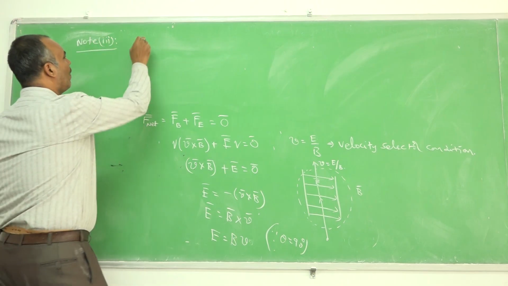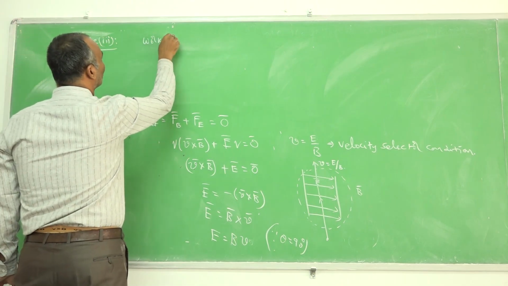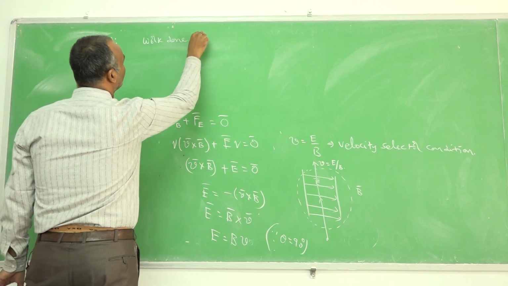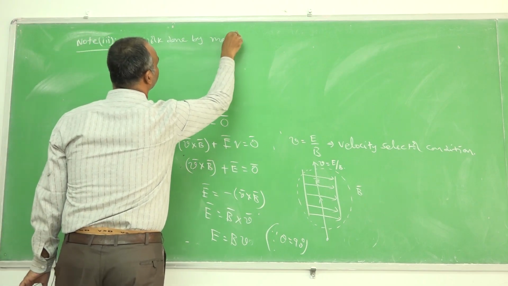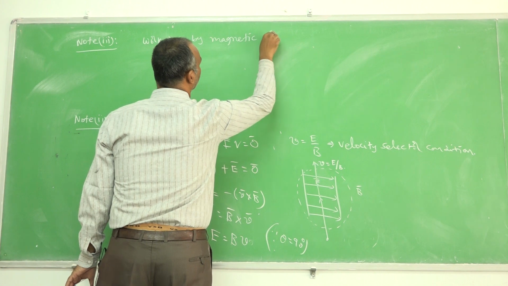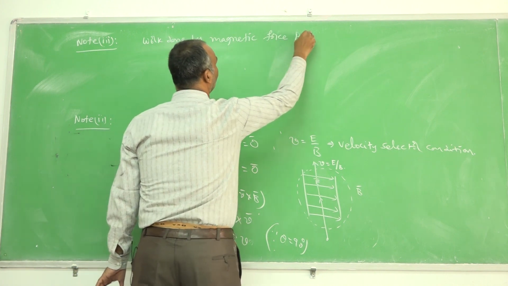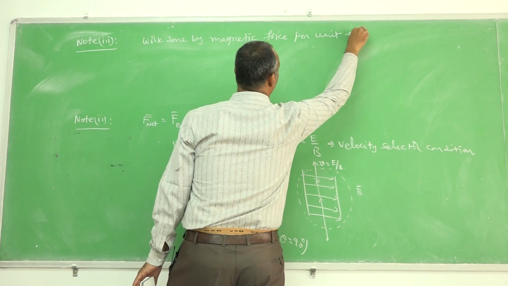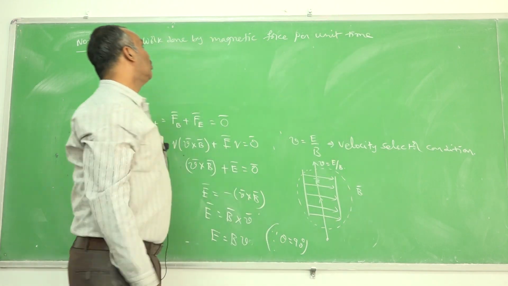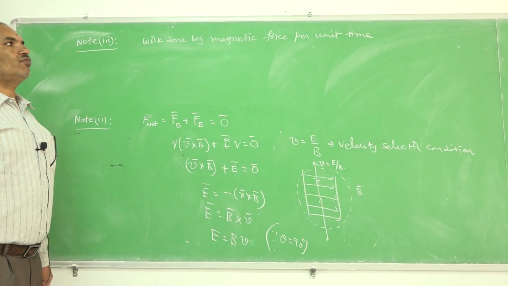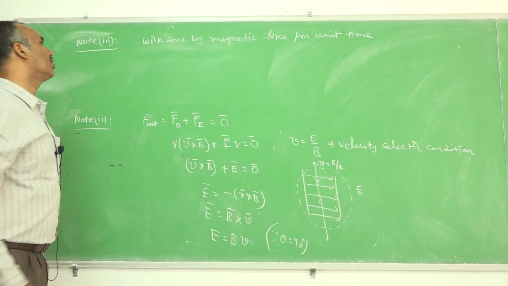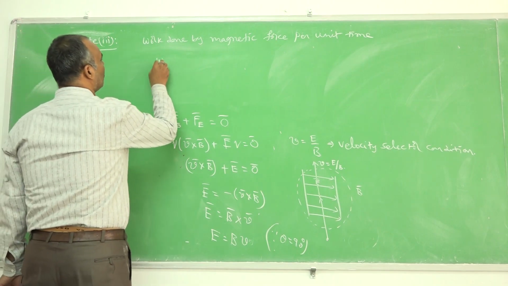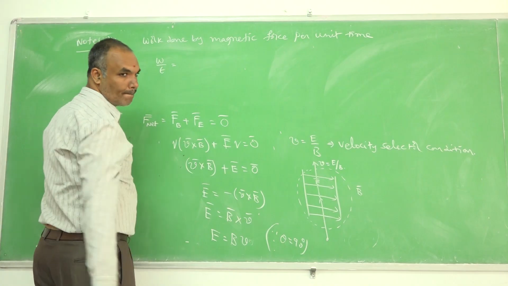If we calculate work done by magnetic force per unit time, that means work done by time taken I should take.